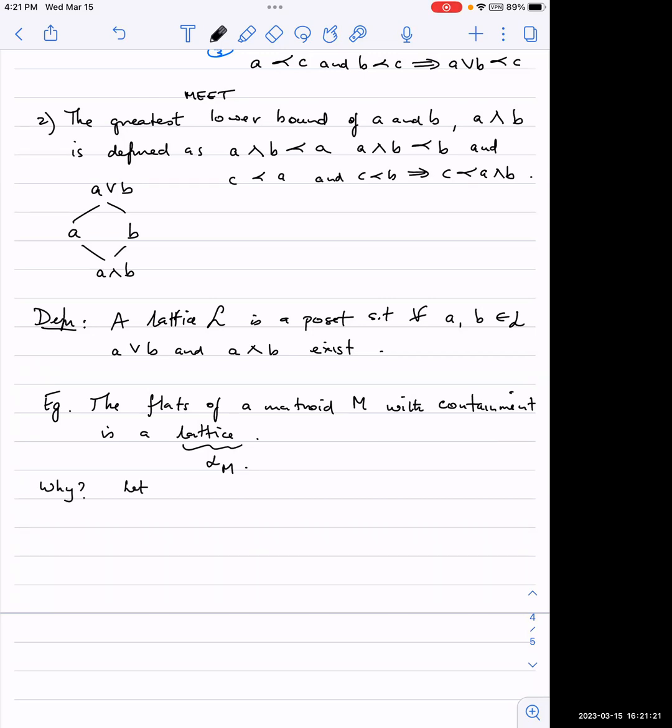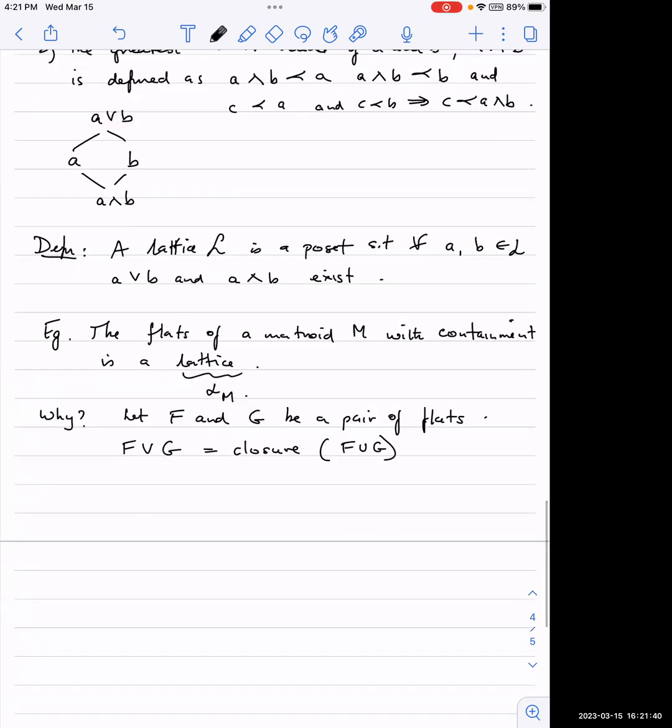So why? Well, let F and G be a pair of flats. Then F join G is the closure of F union G, right? And that's a flat.